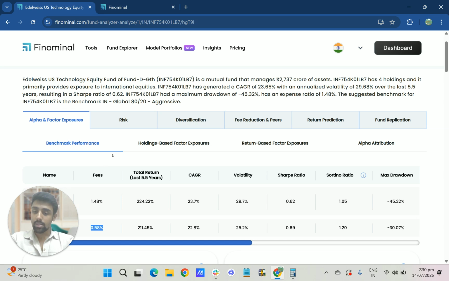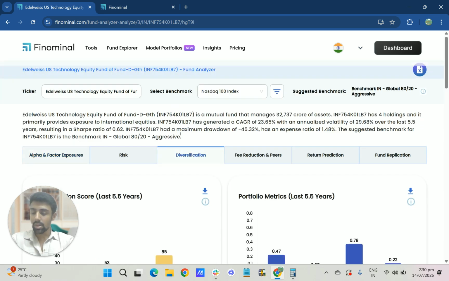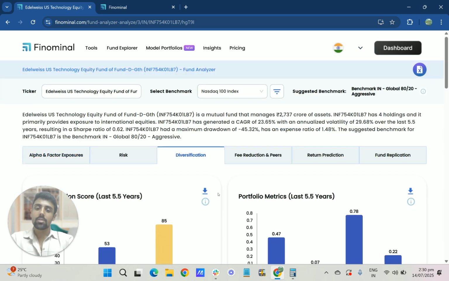What I will next focus on is why you should look into these international funds. One of the main reasons why you should look into any international fund is this concept called diversification. When you're investing in any mutual fund that's India focused, you are essentially restricting yourself to one country.